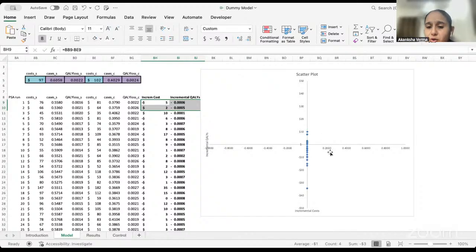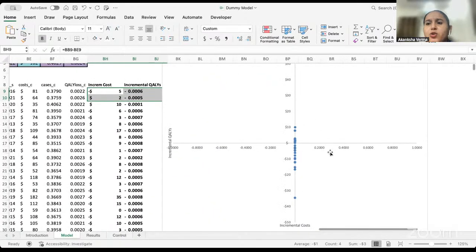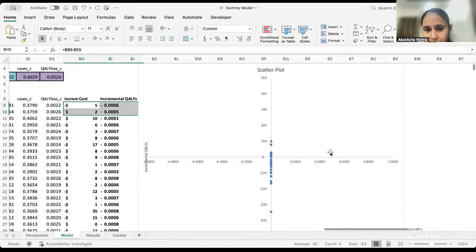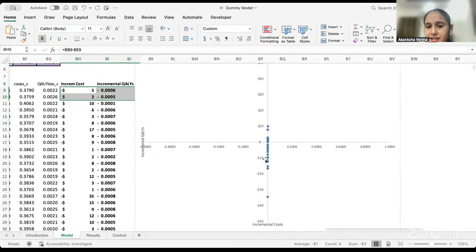Now, what is it showing? Only 25 iterations, so you won't be able to make a conclusion out of it. But all the results are scattered, they are not concentrated at a place. They are showing that your incremental cost is mostly negative here.